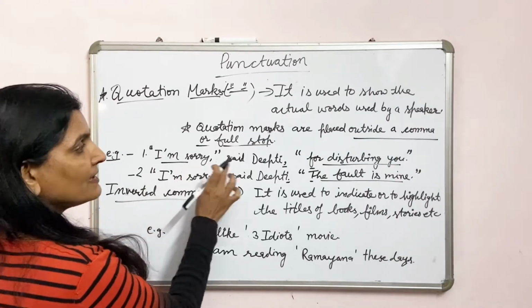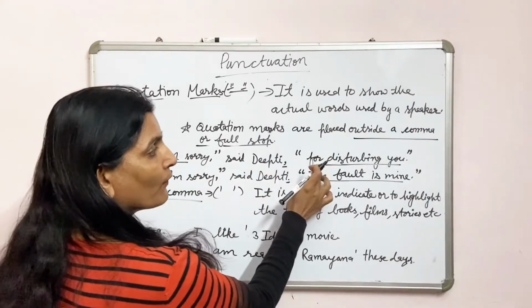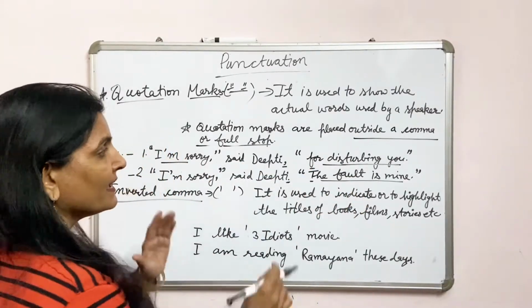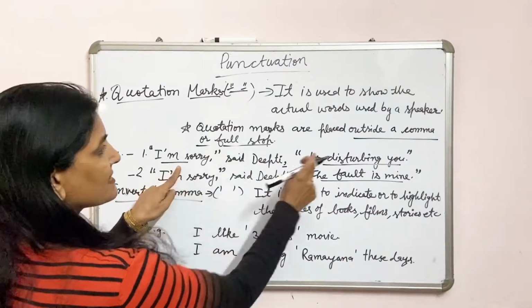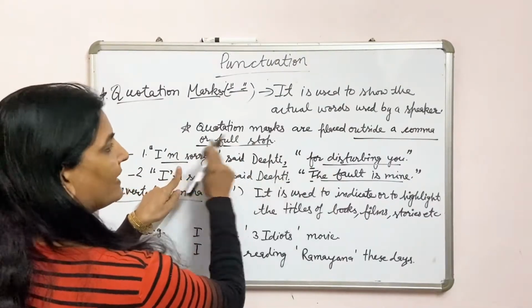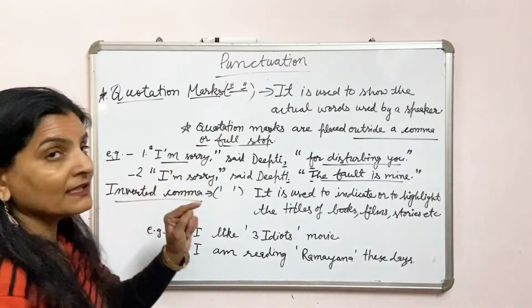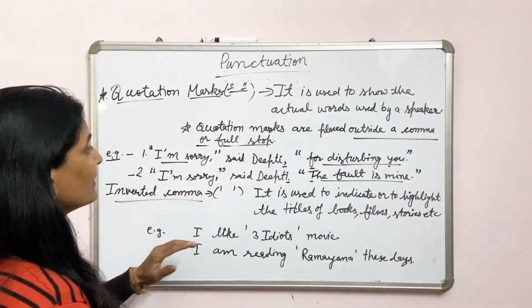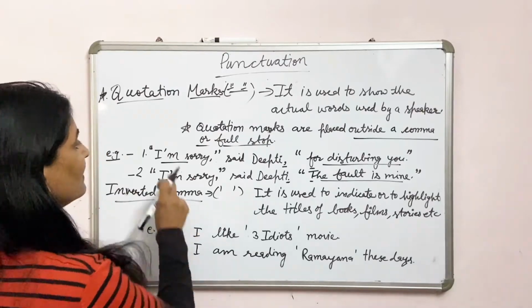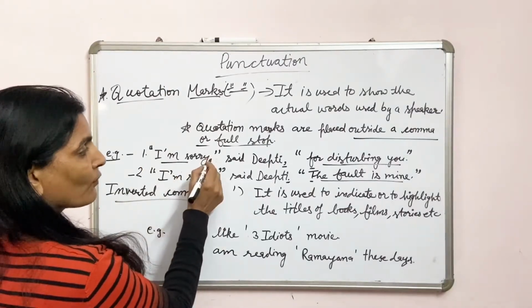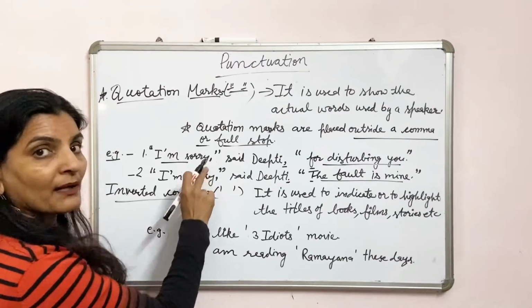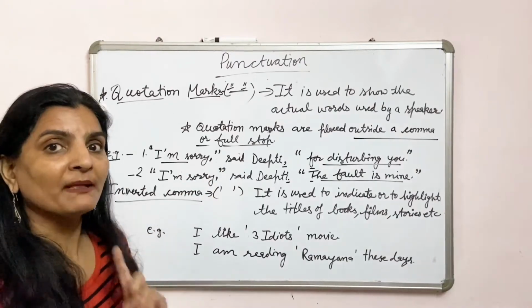"I am sorry," said Dipti, "for disturbing you." Here, students, this is one sentence and we have separated it. Now see the punctuation marks here. I am sorry, then comma. I have put a comma here because the sentence is not completed.